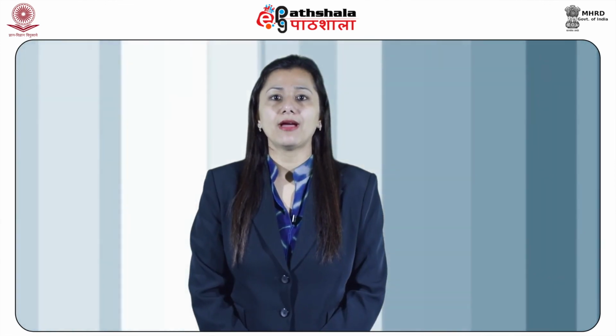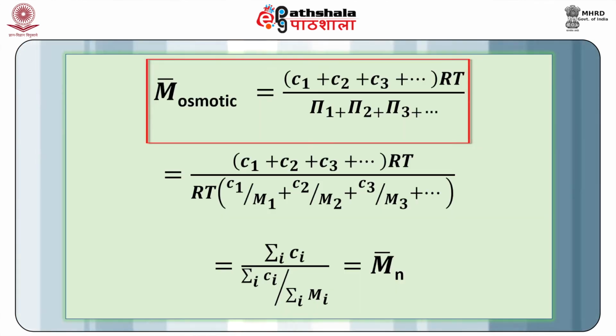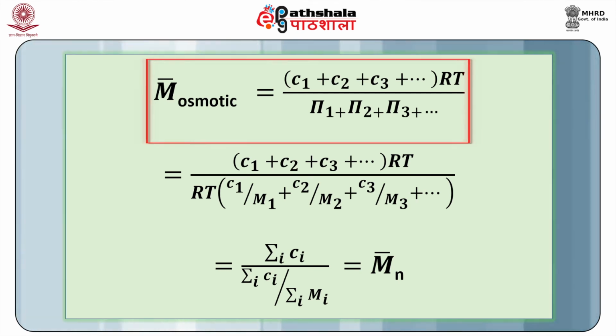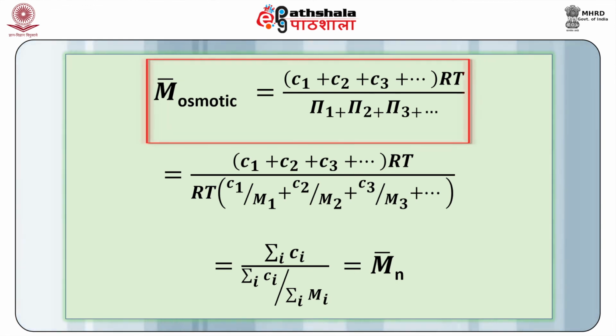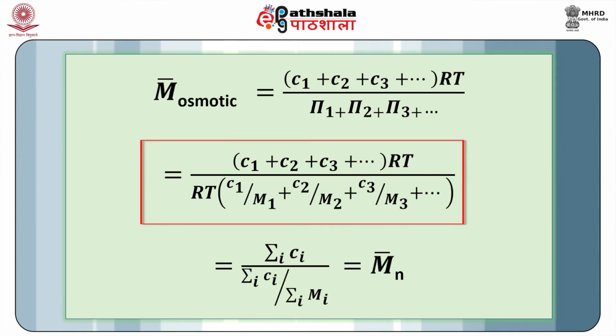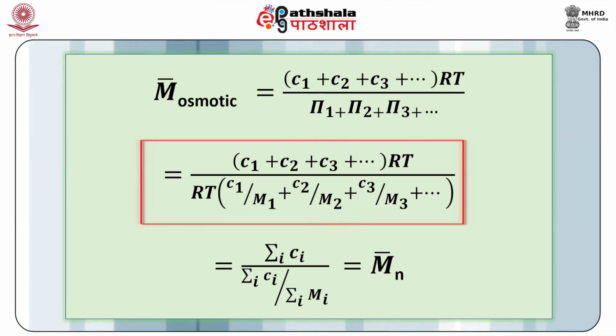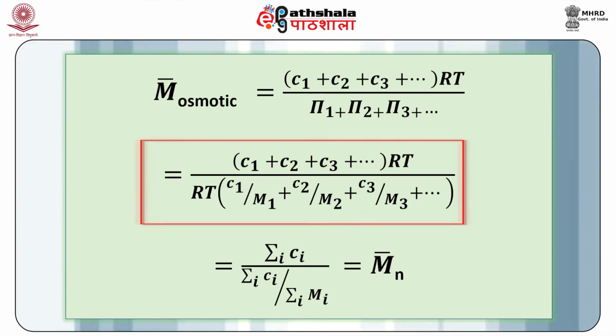Thus, the osmotic average molar mass can be written as M bar osmotic is equal to C1 plus C2 plus C3 plus so on, into RT, divided by pi 1 plus pi 2 plus pi 3 plus so on, which can be further written as C1 plus C2 plus C3 by RT divided by RT into C1 by M1 plus C2 by M2 plus C3 by M3 plus so on.